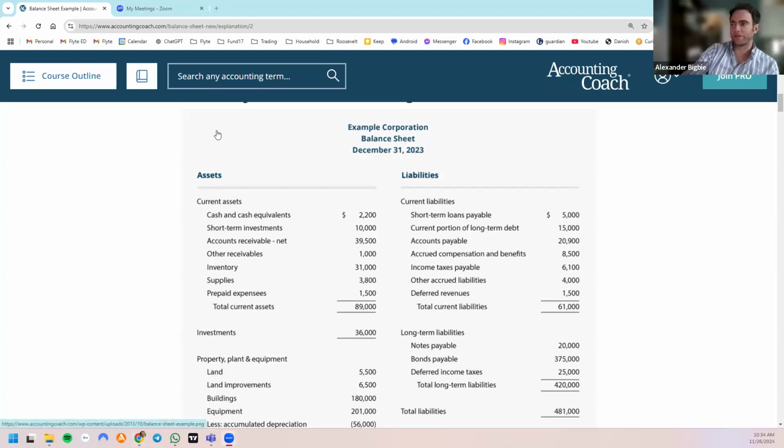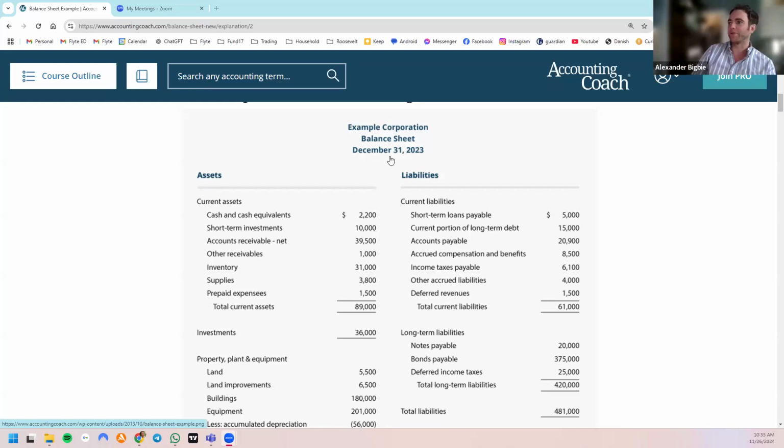Not a question from me, but I wanted to go back to the very beginning and make something very clear between this and the income statement. Income statements measure a period of time. Balance sheets are a snapshot in time. So for December 31st, 2023, you're looking at the balance sheet as it is on that day, at the hour it was put together.